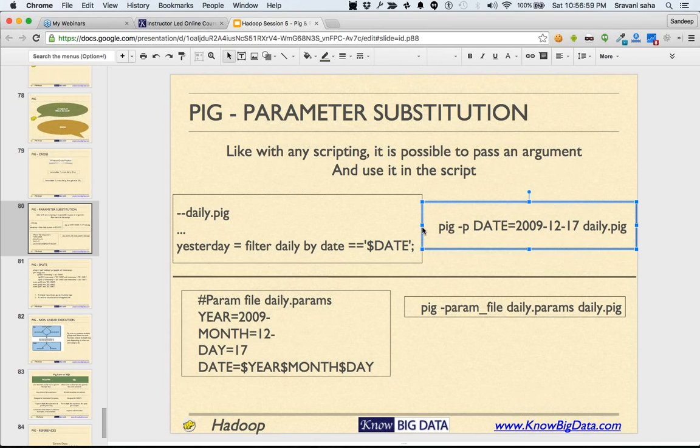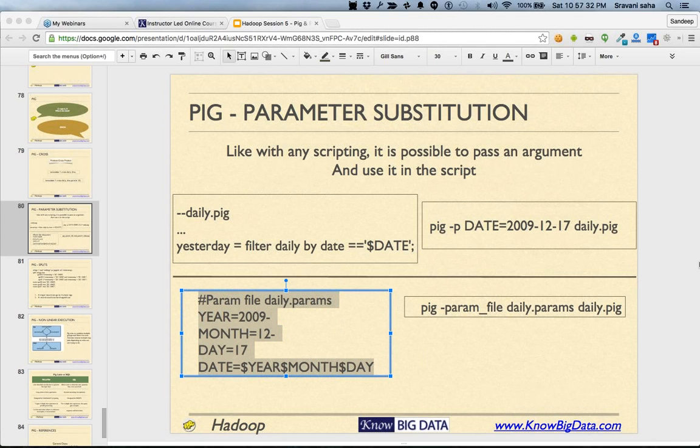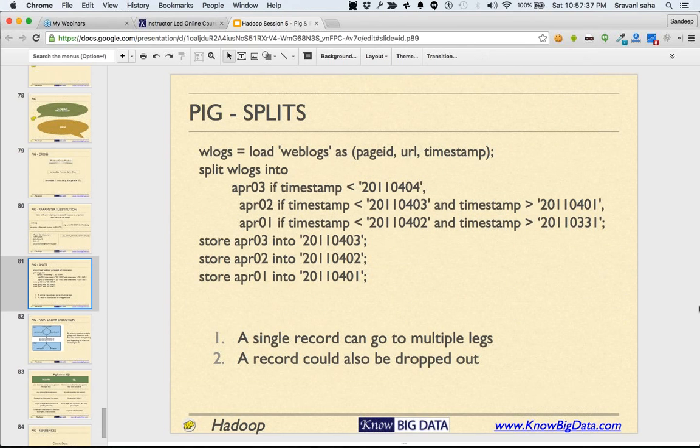You could say pig -p, where p is for parameter, date equals this, and then run daily.pig. Whatever value you give will be filled in here. This way you can provide the argument. Sometimes the number of arguments keeps increasing, so you could put these arguments in another file and then use pig -param_file and execute it.